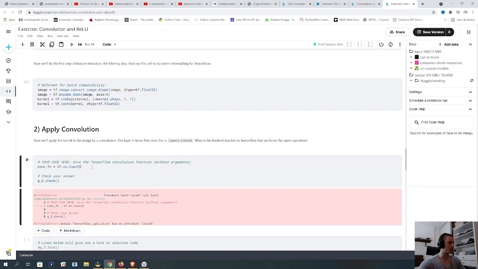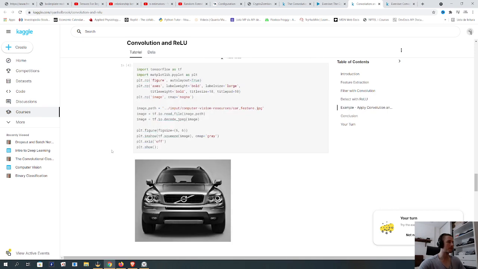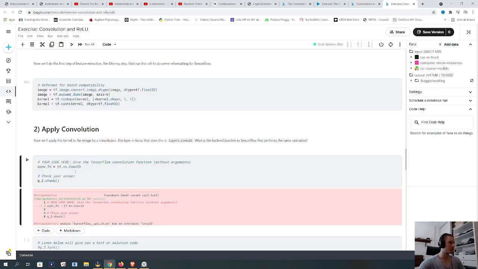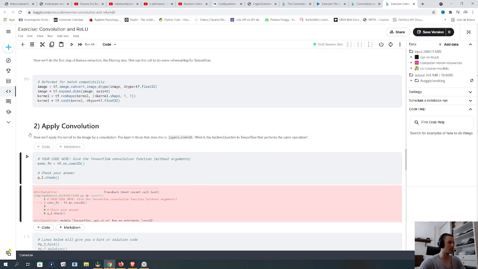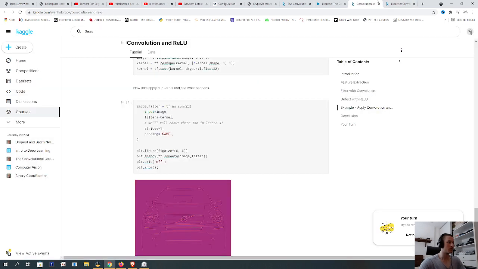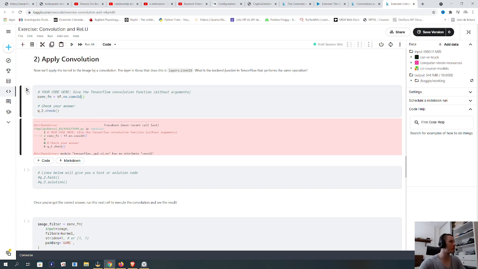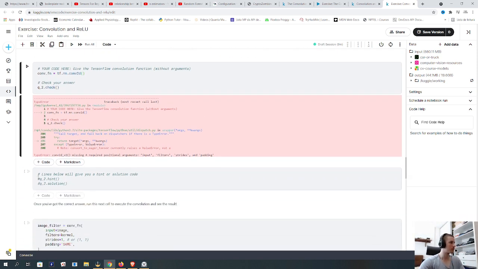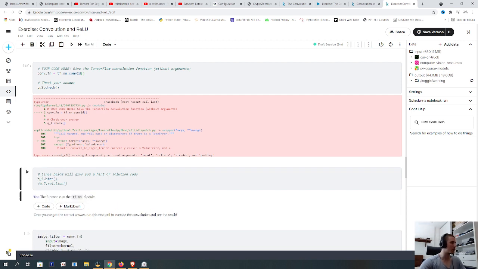But it has to have parameters. The TensorFlow convolutional function without arguments. It's saying it requires arguments.